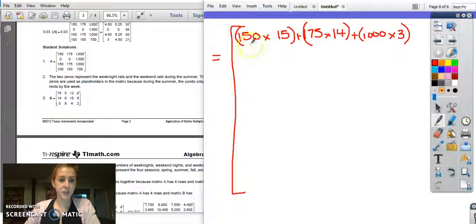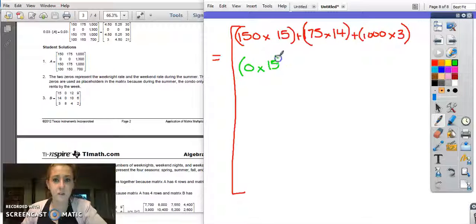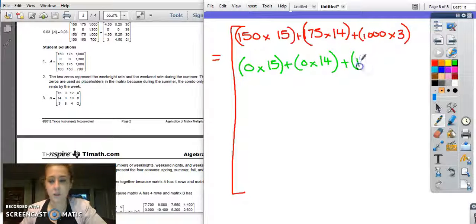So what I'm going to do now is move to row 2 in matrix A and still working on column 1 in matrix B. So it's going to be 0 multiplied by 15 plus 0 multiplied by 14 plus 1300 multiplied by 3.